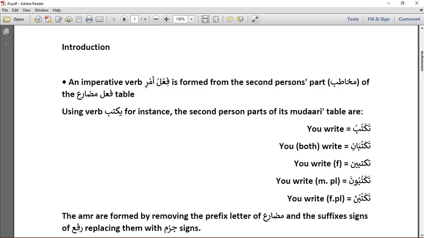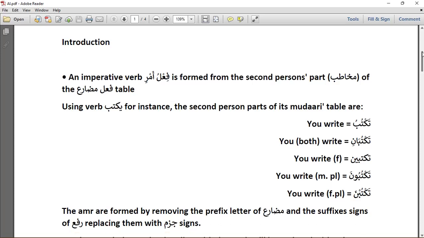Those are the five verbs from which we form Fi'l Amr. Taktubu means you write. Taktubani, you are writing, for dual. Taktubina, you are writing, for a female. Taktubuna for jam' mudhakkar, that is male plural, and taktubna for female plural.